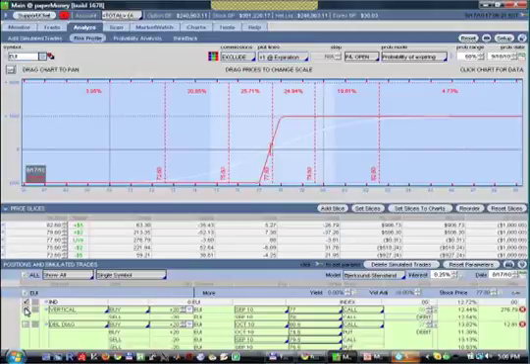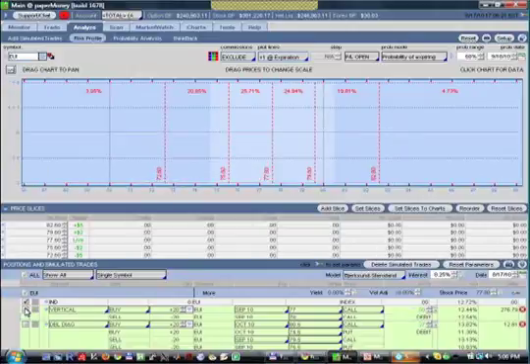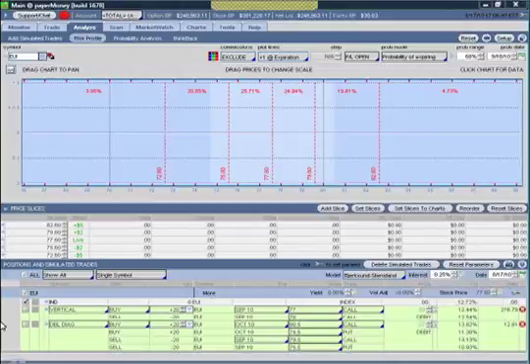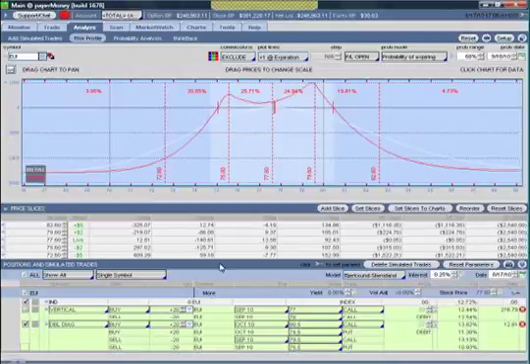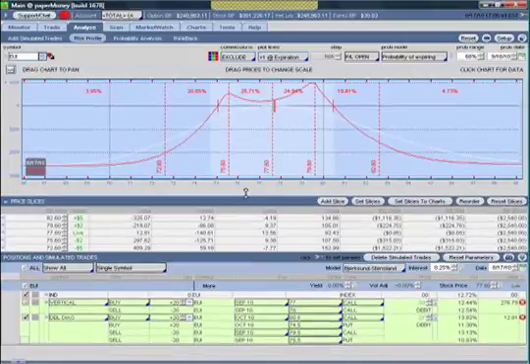So the second example that I wanted to show you, let's zero out this vertical, is a double diagonal. Okay, so let me click that on, and here it comes up right now. The reason I like the double diagonal is, first of all, it's a delta neutral trade.